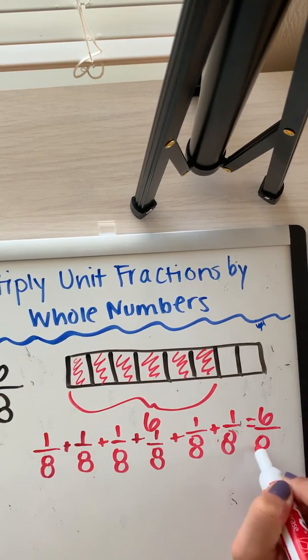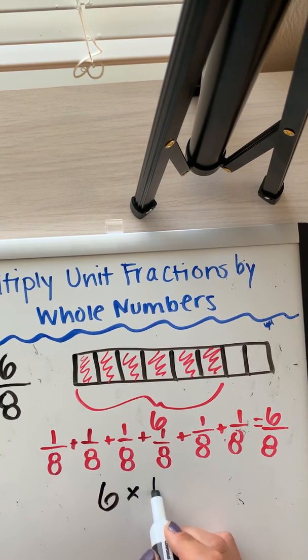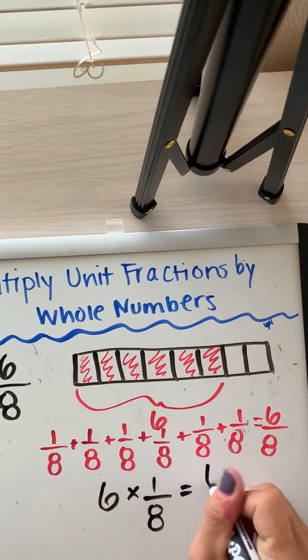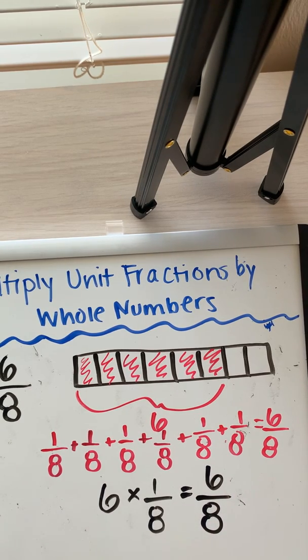I don't want to have to write that out every single time I'm decomposing my fractions. So I'm going to count out how many eighths I have. I have 1, 2, 3, 4, 5, 6. I have 6/8, so I can say 6 times 1/8 equals 6/8. So my multiplication sentence is 6 times 1/8.